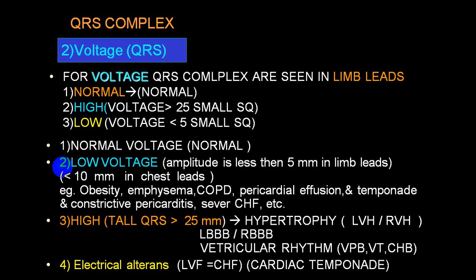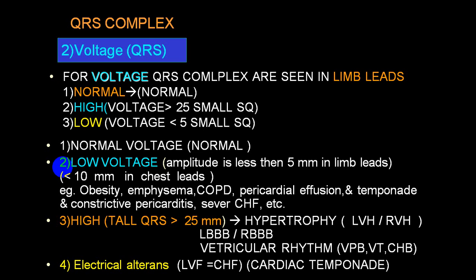If the voltage of the QRS complex is more than 25 small squares in any lead, it is always a high voltage. But by and large, such amplitude you will see only in the chest leads. If you see in the limb leads that the voltage of the QRS complex is less than 5 small squares, it is in favor of low voltage QRS complexes.